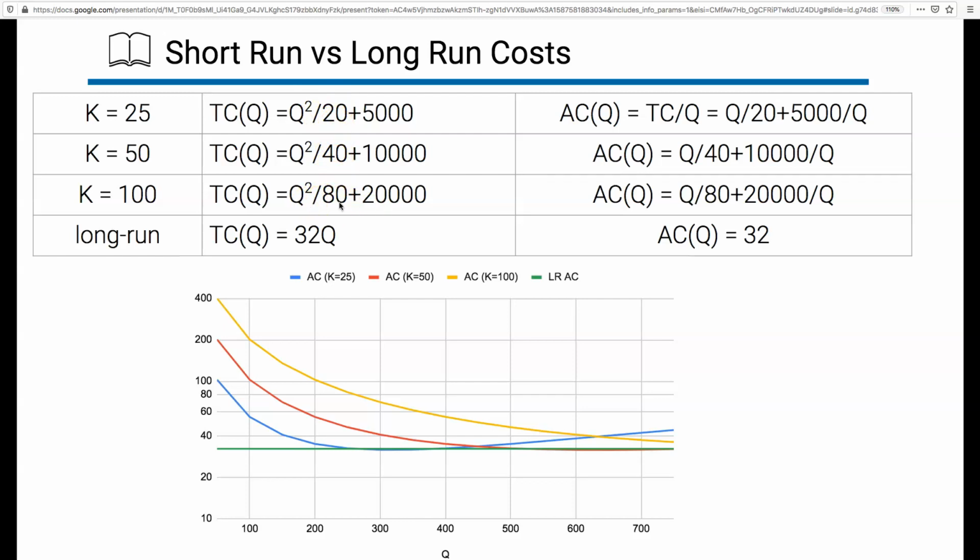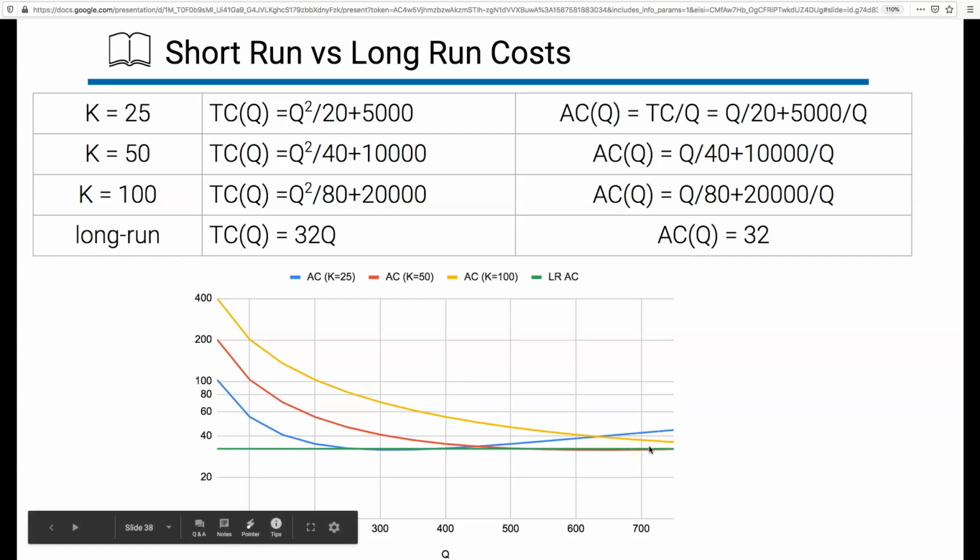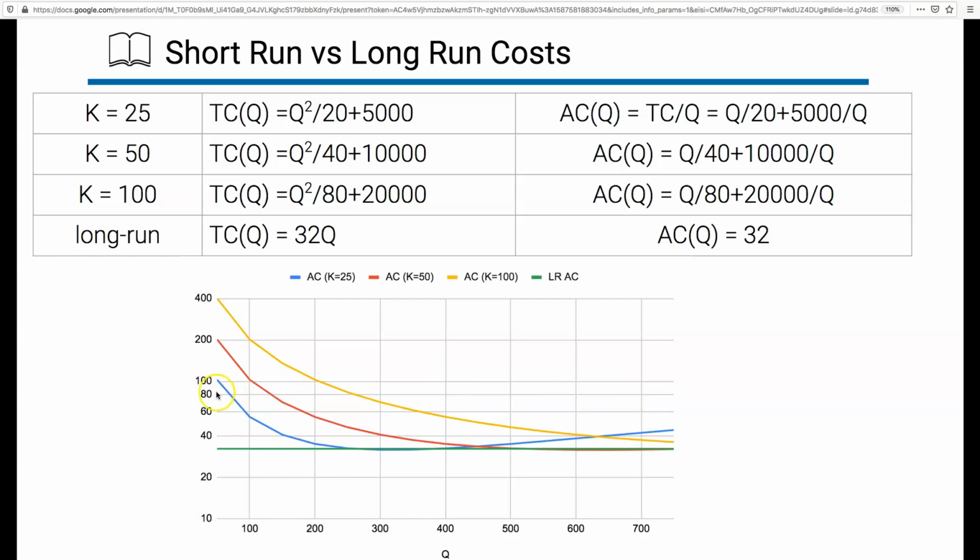And so producing a lot makes sense with more capital. And so when the amount of capital is large, the yellow cost curve will ultimately be the lowest cost curve, lower than red, and lower than blue, although you don't see it in the graph here. So when we increase the amount of capital, it's like we're taking this U-shaped curve and shifting it to the right.